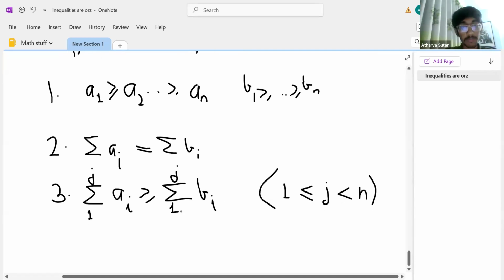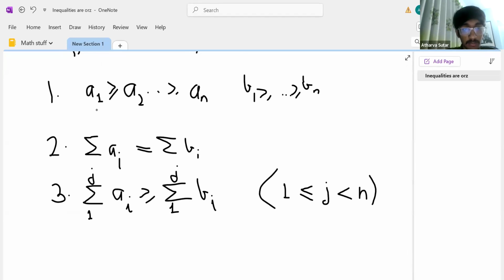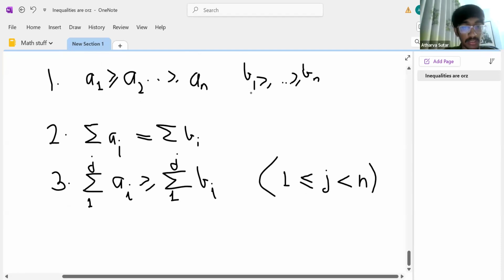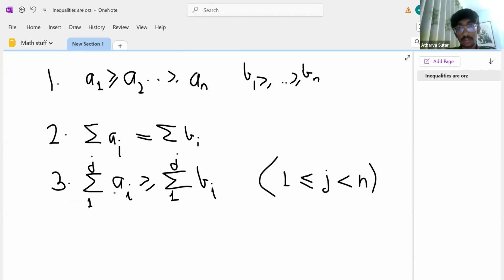So basically the second condition implies that A1 plus and so on till An is equal to B1 plus and so on till Bn. The third condition states that for all j from 1 to n minus 1, the sum of the first j A terms is greater than or equal to the sum of the first j B terms.